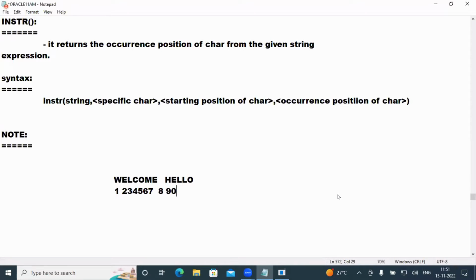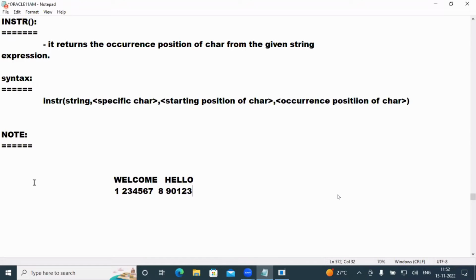Here 10, 11, 12, 13. So in total, in this string expression I have 13 characters, including space.